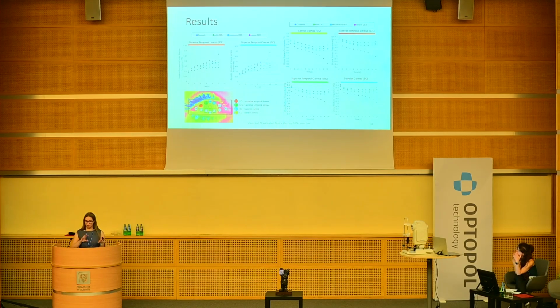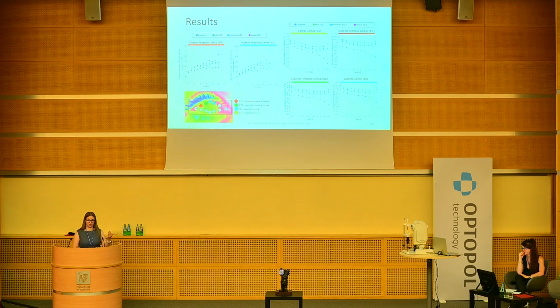And those two factors together were found, when we compared each of these severity groups, to discriminate between those groups that we assessed in the study. So control, mild, moderate, and severe dry eye cases. Which is a good thing, because usually when we diagnose dry eye disease, if it's severe, we already know it.